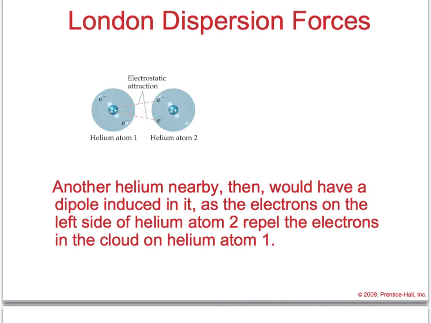Another helium nearby would then have a dipole induced in it, as the electrons on the left side of the helium atom repel the electron cloud of the other helium atom. As you see, in helium we have the nucleus, protons, at the center, and valence electrons around it, and an interaction occurs between the electrons of one helium and the protons of the other helium.